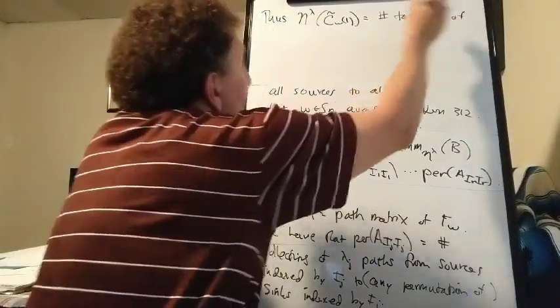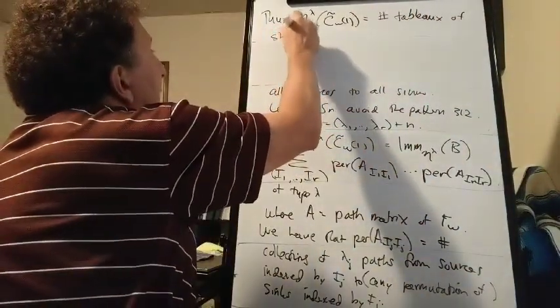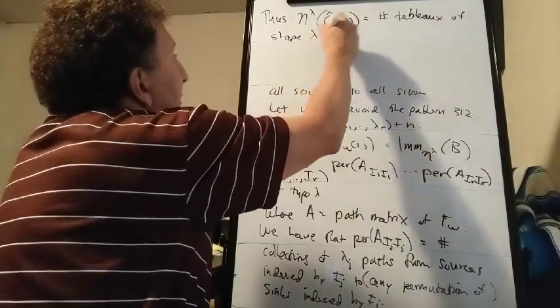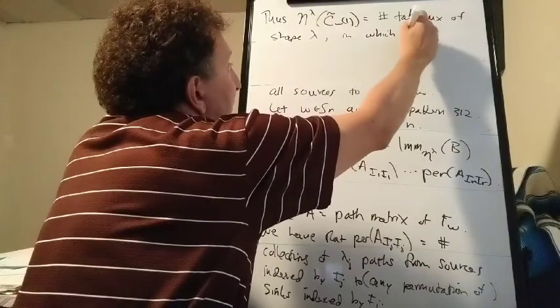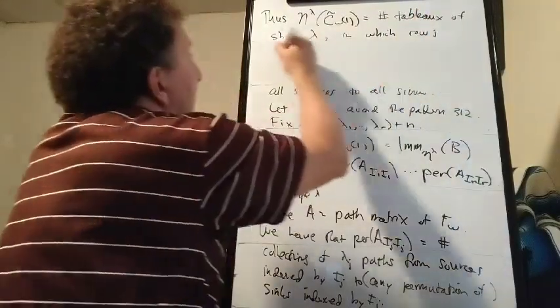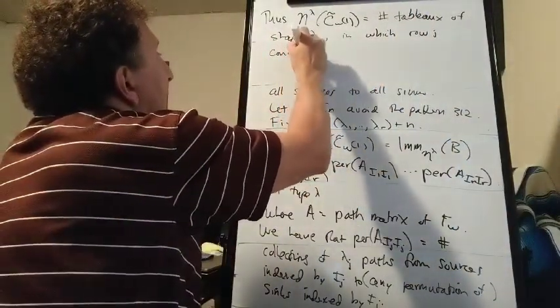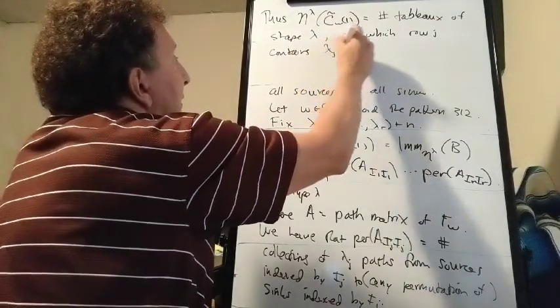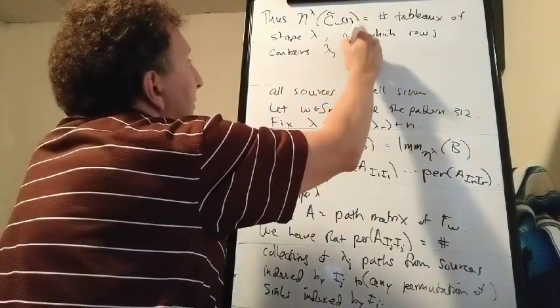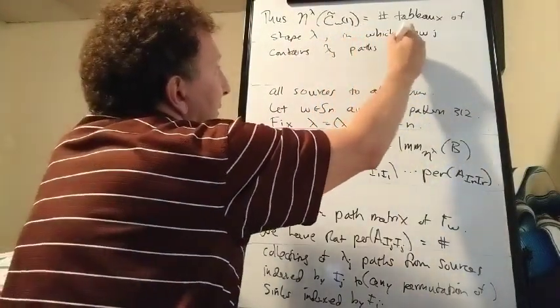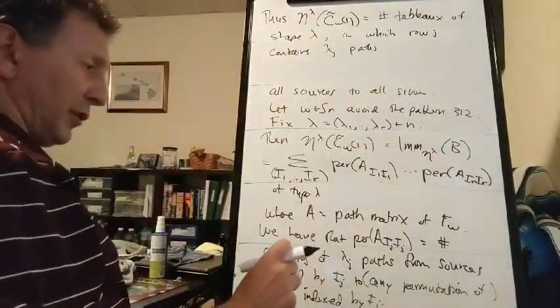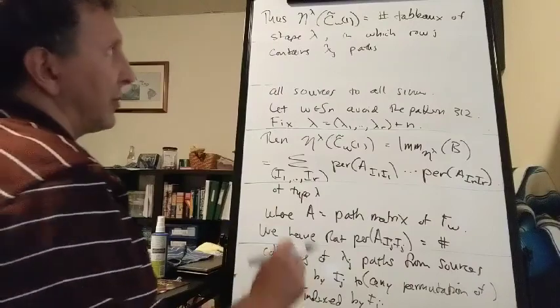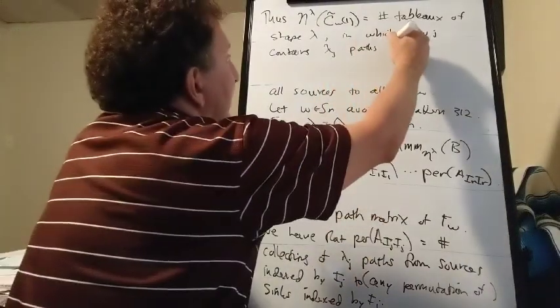So there's a number tableau of shape lambda in which row j contains lambda j paths, and we might as well list those paths in increasing order of the source indices.